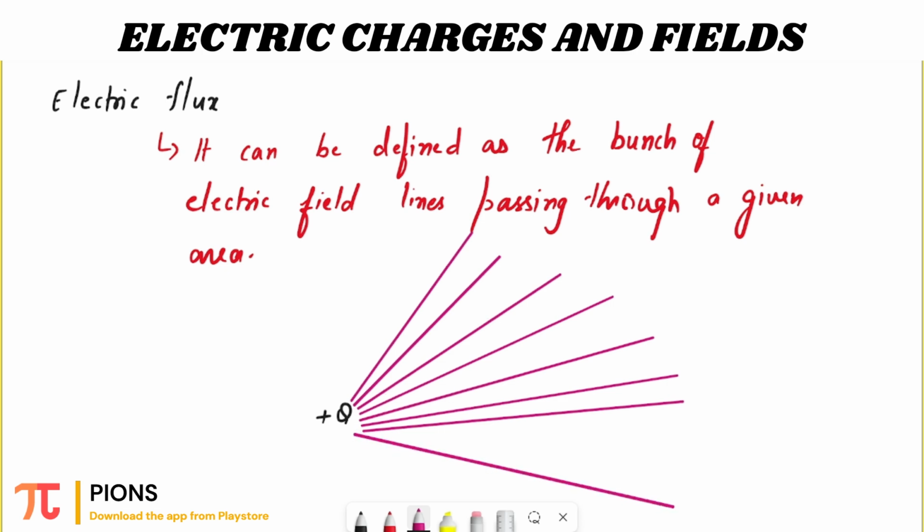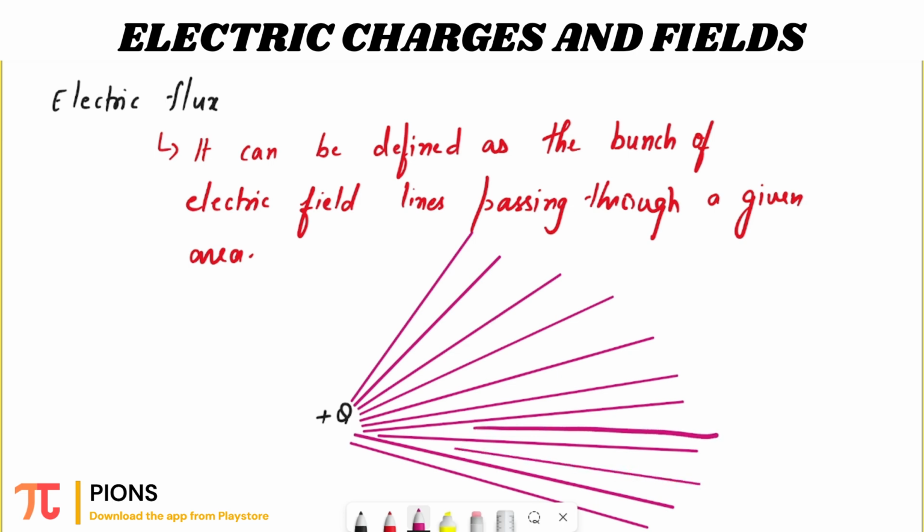Let me just draw it like this. They are emerging out from the charge only. So let's assume these are our field lines which are going radially outward due to the positive charge. You can see here that the field lines are very dense around the charge, right?